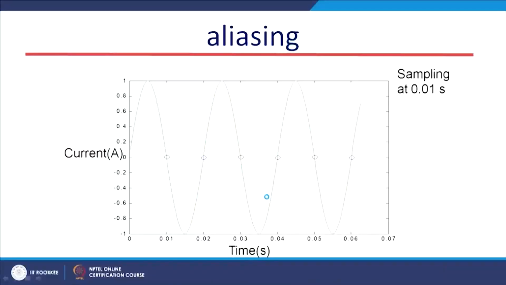inside the PMU. During this sampling, we have one effect, that is the aliasing effect. This aliasing effect means, let us say we have a 50 hertz fundamental signal, but during power system operation we also have higher frequency components, like the second, third, fourth or fifth harmonic components.